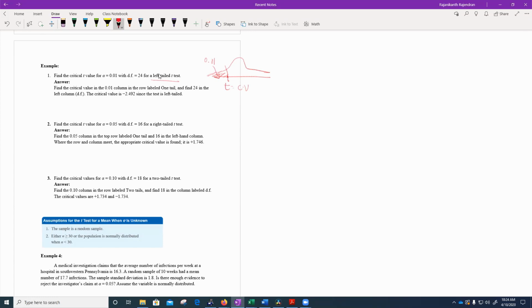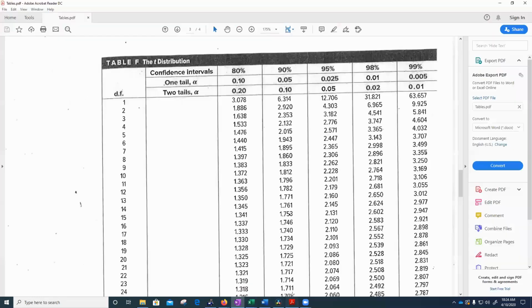Then how do you find this t value? You could use your table. This is the t distribution table I gave you. How are we going to use this table?